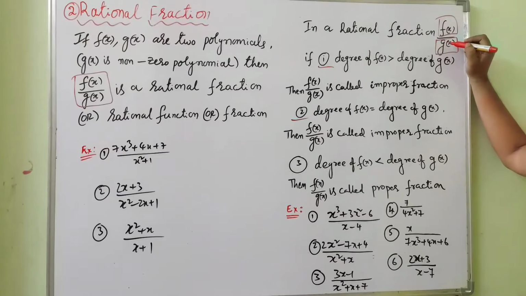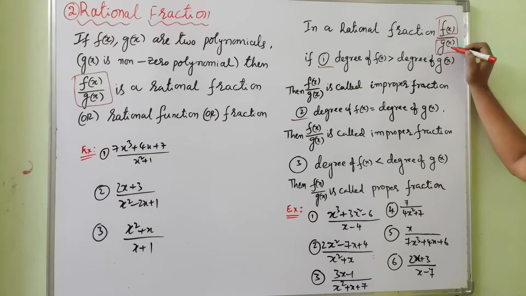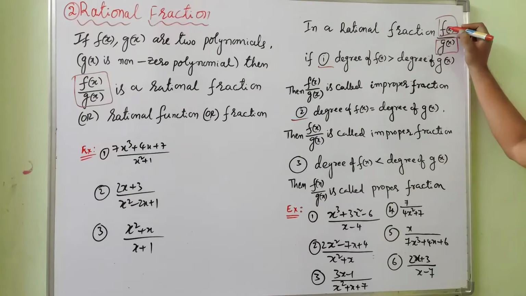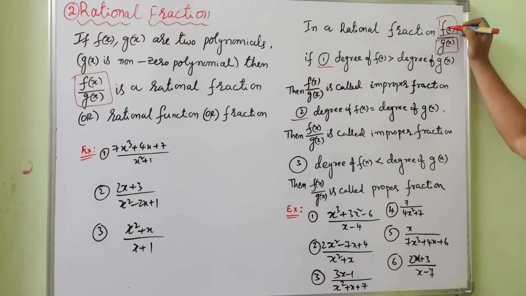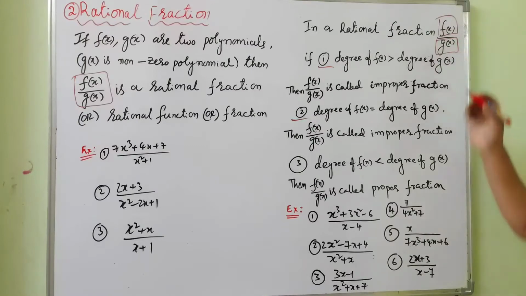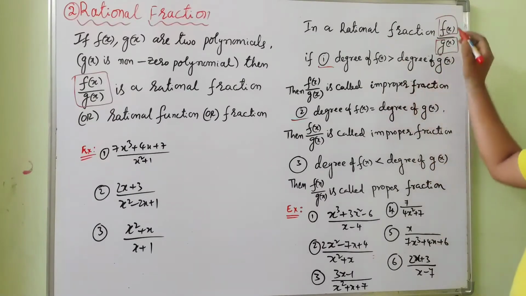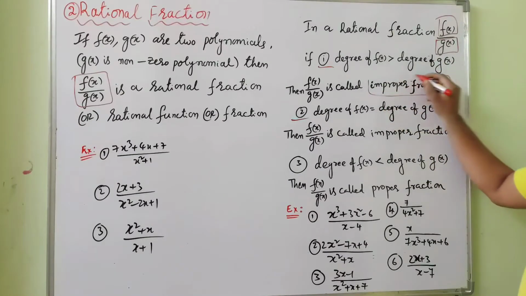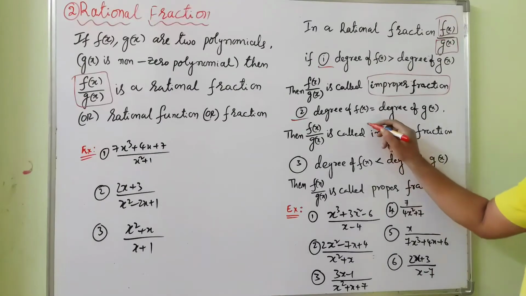If the degree of f of x is greater than degree of g of x, or degree of f of x and degree of g of x both are equal, in these 2 cases, we call the fraction an improper rational fraction or simply improper fraction.